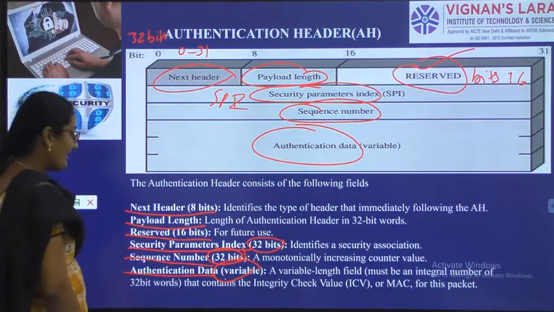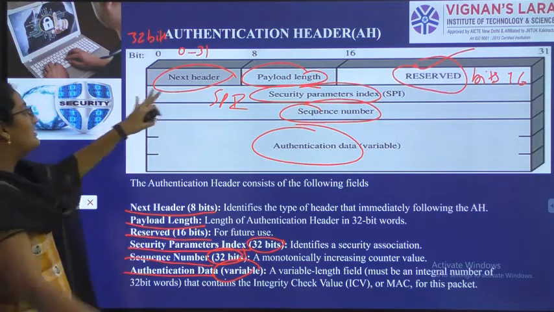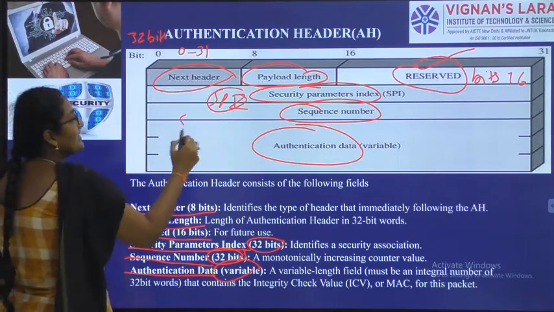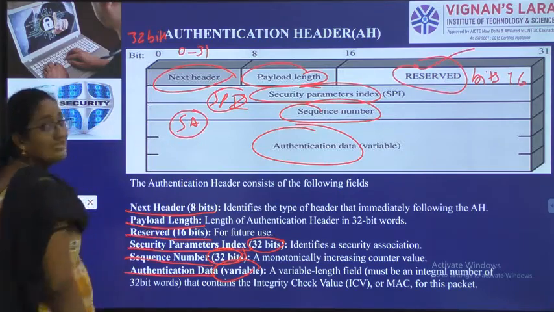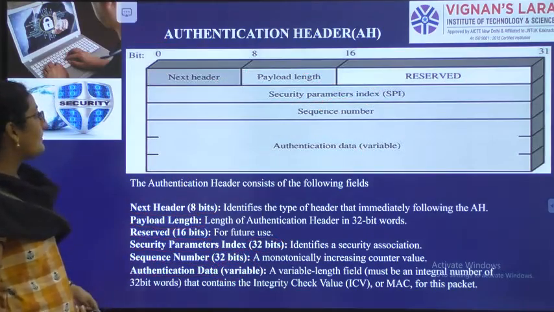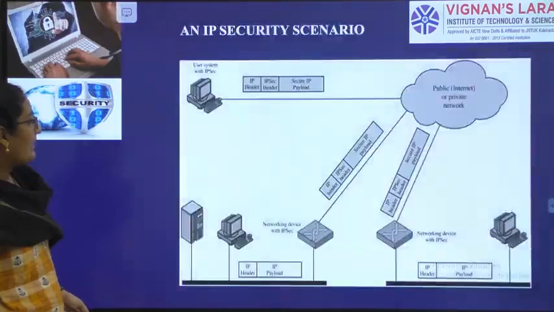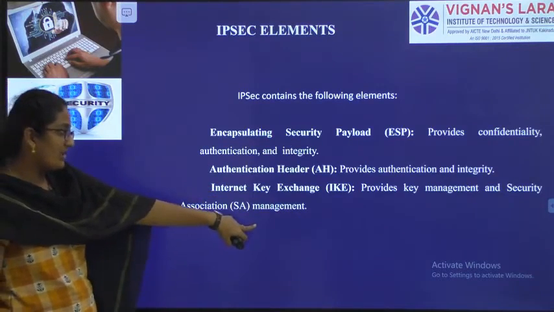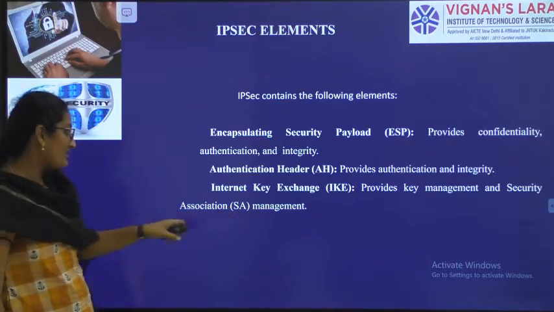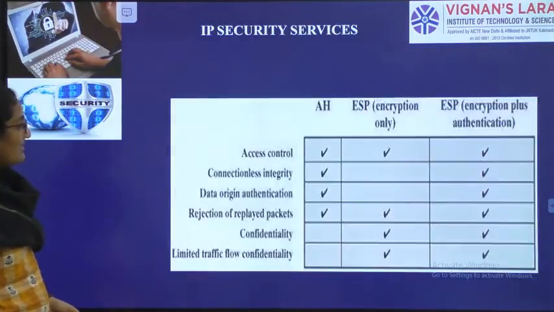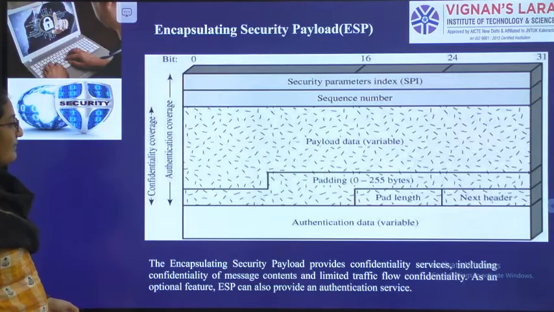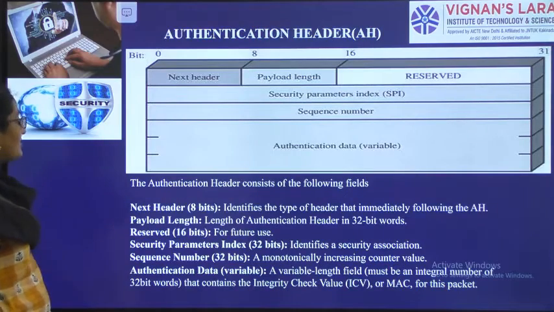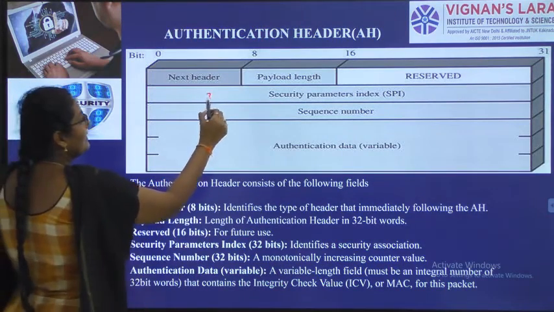The security parameter index SPI is for the security association. As I told you before, I explained what security association and key management are. For the security association we have 32 bits.